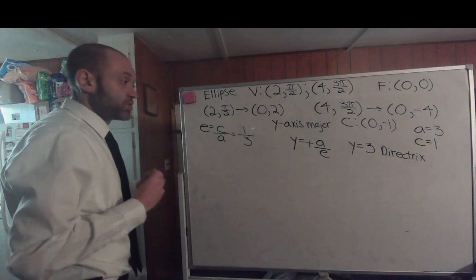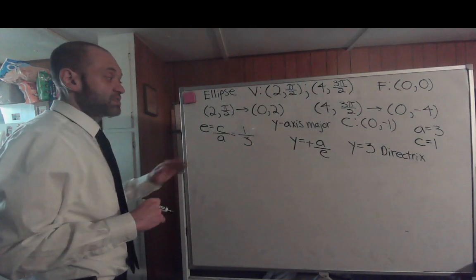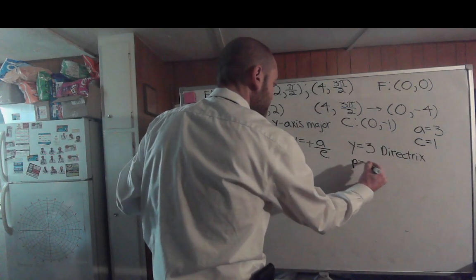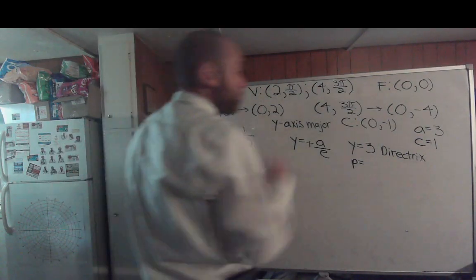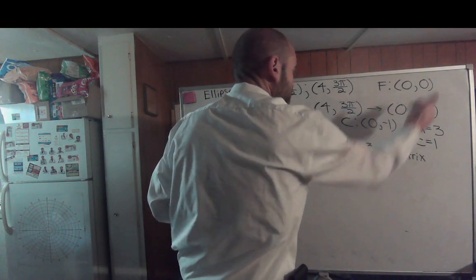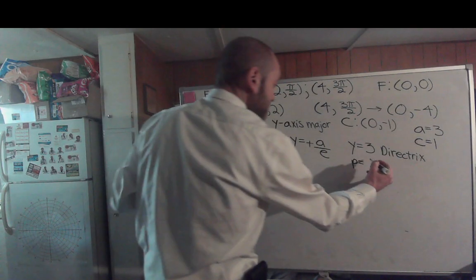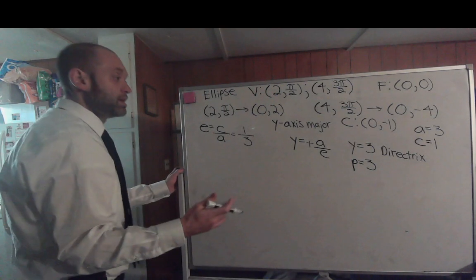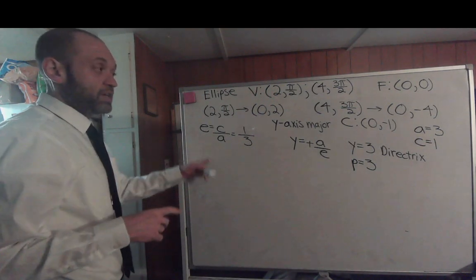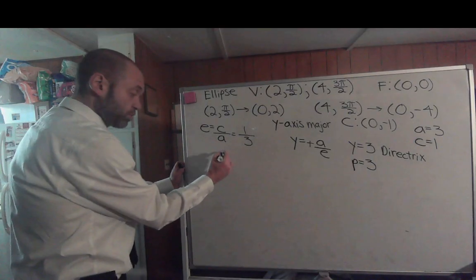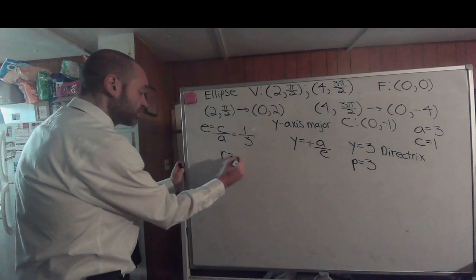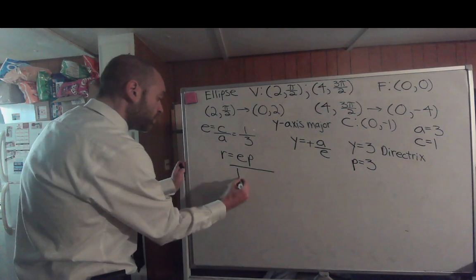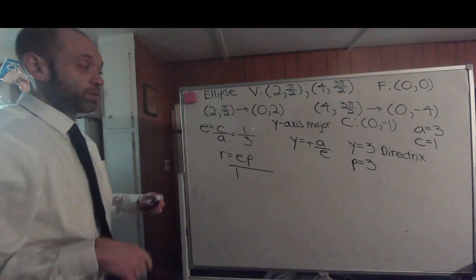Alright, so we found the directrix. Now the next thing to do is find the value of P, which is the distance between the focus and the directrix. If you go from a y-coordinate of 0 to a y-coordinate of 3, that's a distance of 3. So we get P equals 3. Now we're just about there. We can start setting up the equation. Let's work with a general form first. R equals EP all over 1, and then which function are we using?